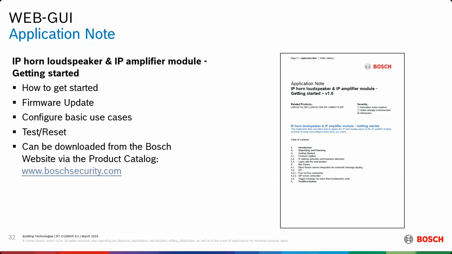It is also explained how to test and reset the speaker. The application note can be downloaded from the Bosch website via the product catalog. So just go to Bosch Security and navigate to the IP horn loudspeaker.